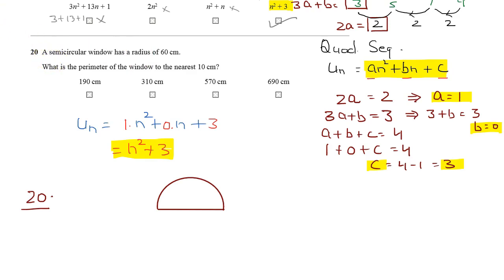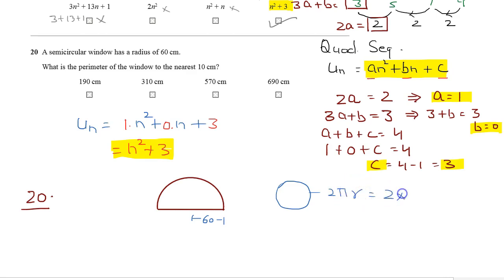A semicircular window has a radius of 60 centimeters. So this is 60. This is the radius, not the diameter. What is the perimeter of the window to the nearest 10 centimeters? Now we know the perimeter of a circle is 2 pi r.